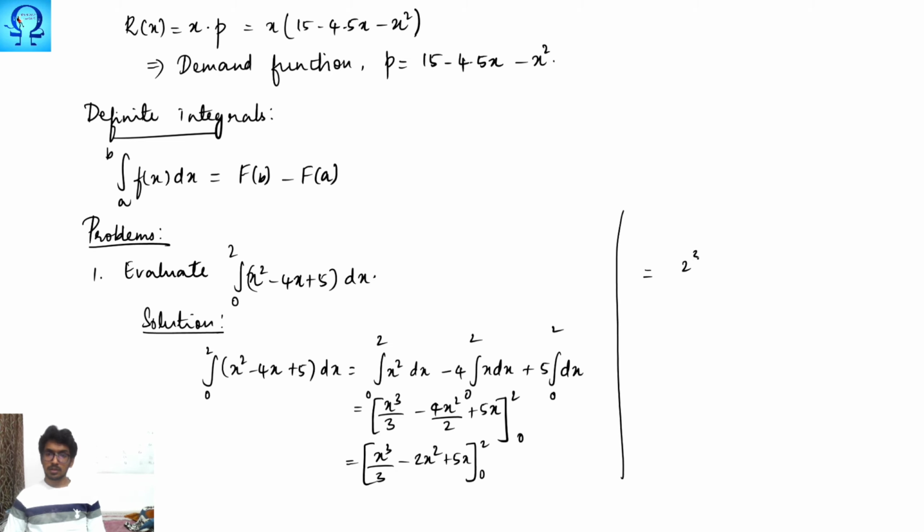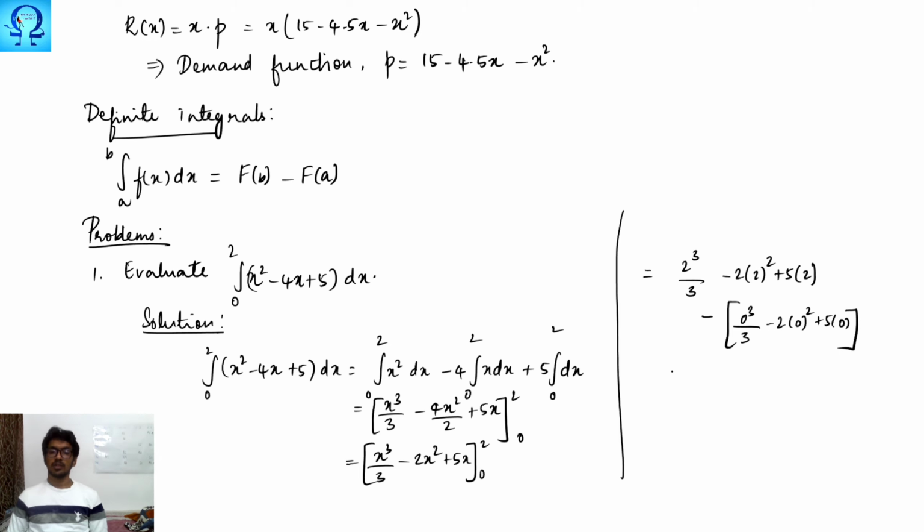and this is 2 cube upon 3 minus 2 times 2 squared plus 5 times 2, that is I am substituting x is equal to 2, and then minus, I'll have to substitute x is equal to 0, that is 0 cube upon 3 minus 2 times 0 squared plus 5 times 0.